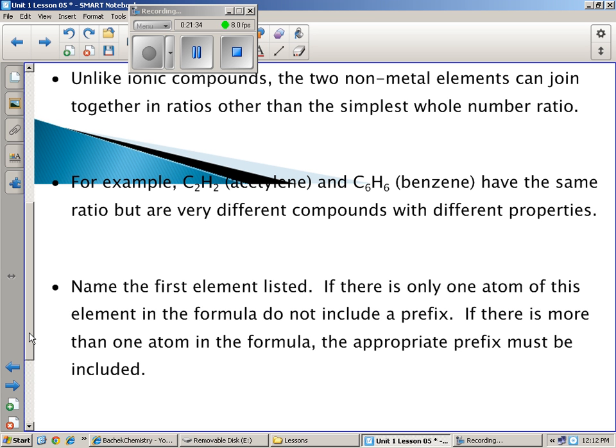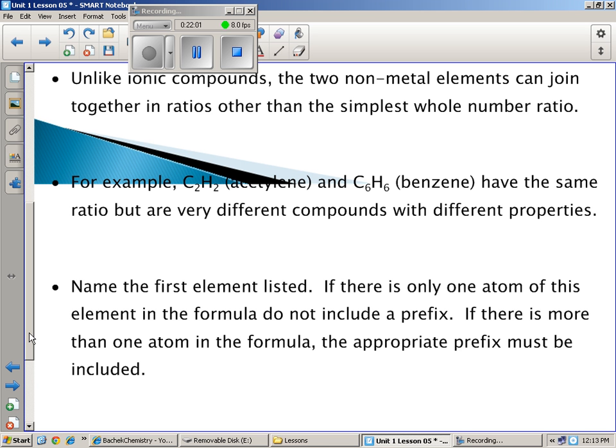So you can look here, C6H6, that's a 1-to-1 ratio for carbons to hydrogens. So is C2H2, but we don't reduce those down. We absolutely do not. Acetylene is very, very different than benzene, has very different properties. Those are very different compounds. That's why we have to use prefixes for molecular compounds to decide how many of each one we have.